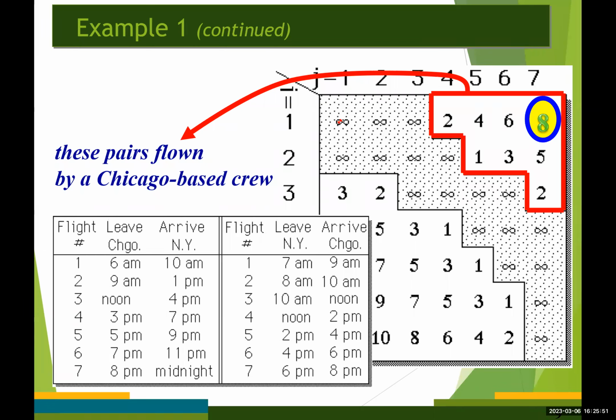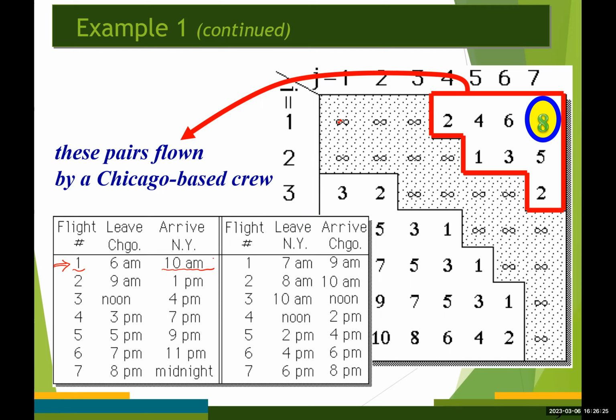So he takes flight number 1, which is this one, to New York City. He will arrive in New York City at 10 o'clock in the morning. Is that right?